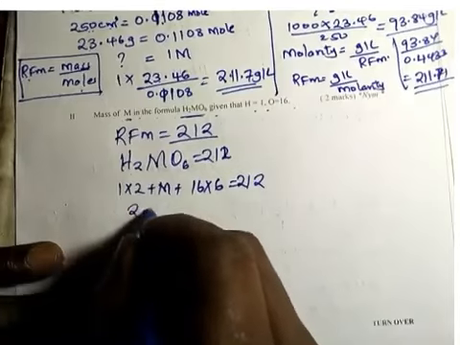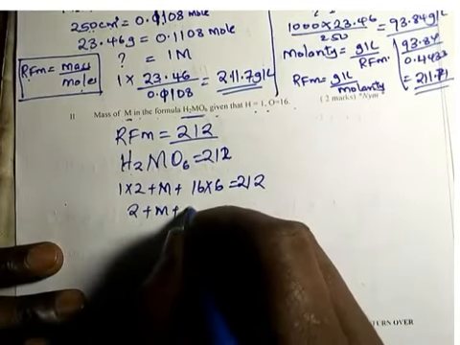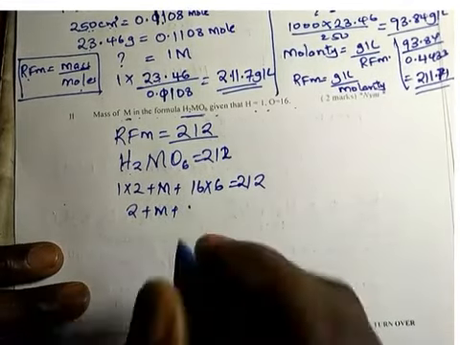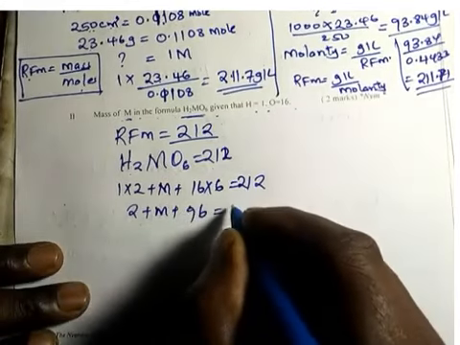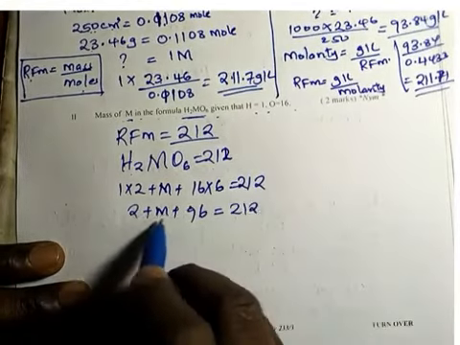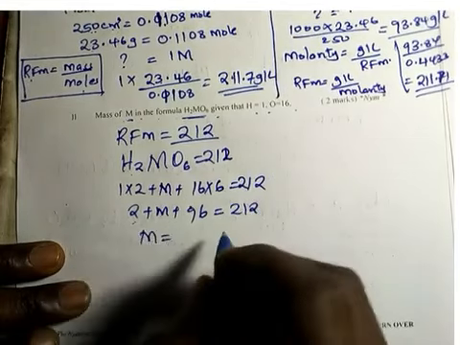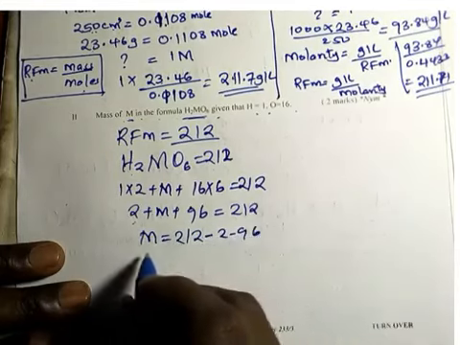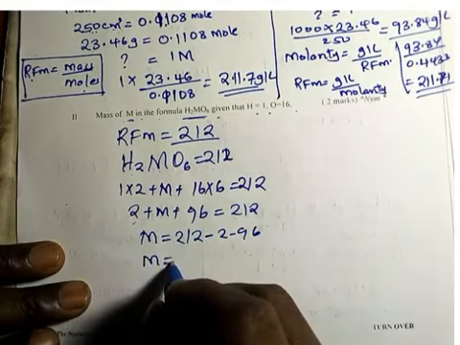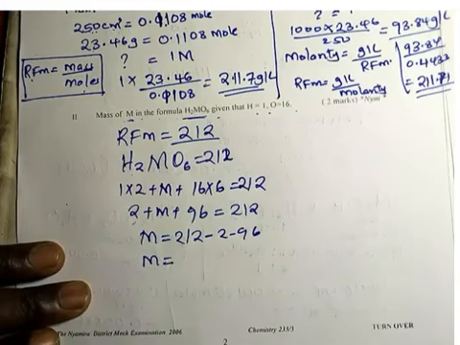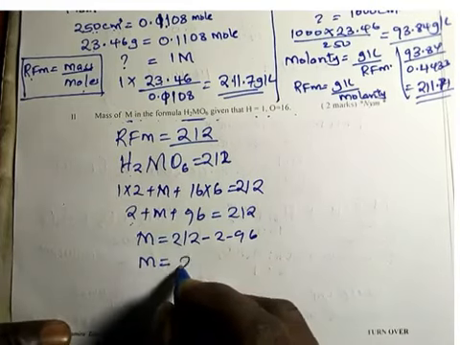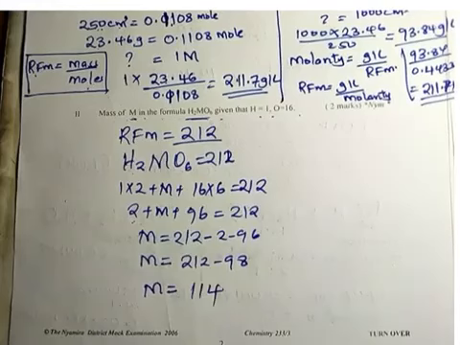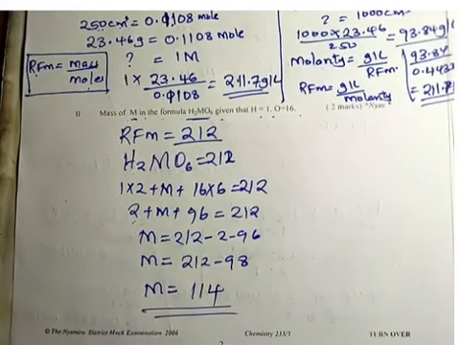So this is 2 plus M plus 96 will give us 212. So we collect like terms together. So M is equal to 212 minus 2 minus 96. So M is equal to 212 minus 98. So M is equal to 114.